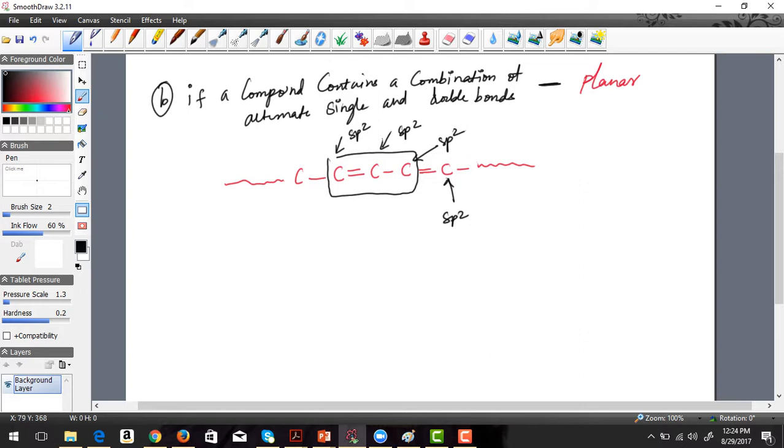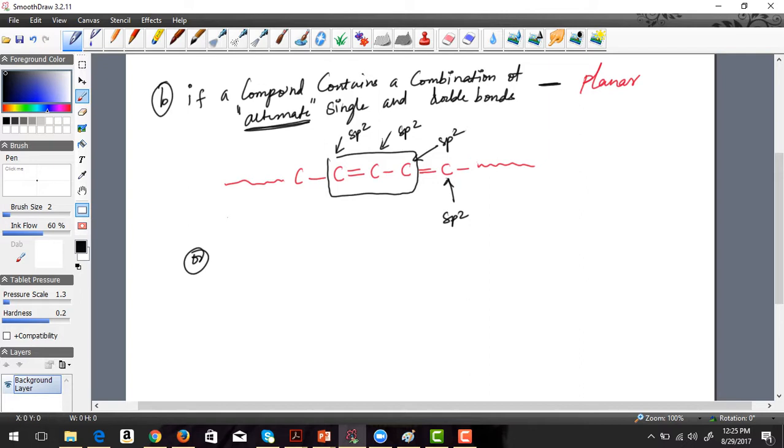So an alternate way of saying the same statement: instead of saying if a compound contains a combination of alternate single and double bonds, and alternate is the key word here, if it's not alternate, then it cannot be planar.